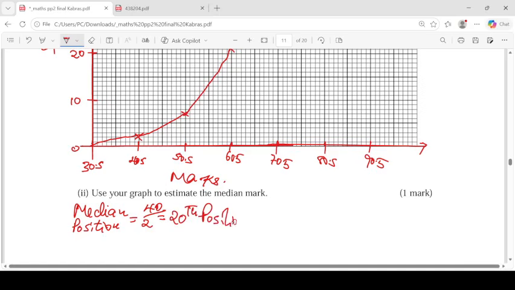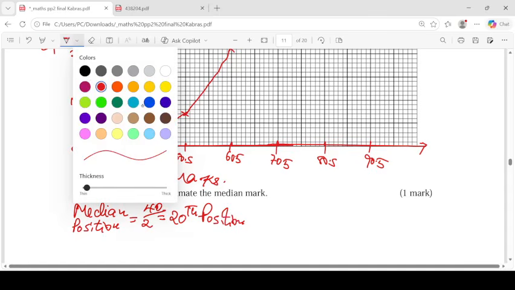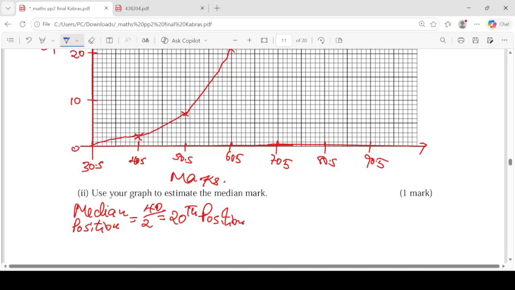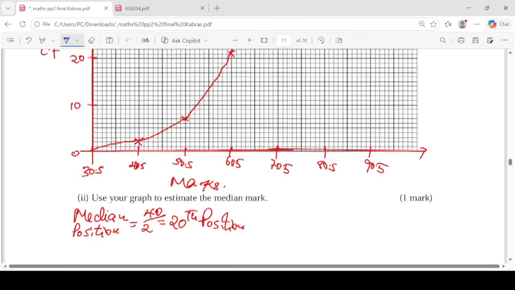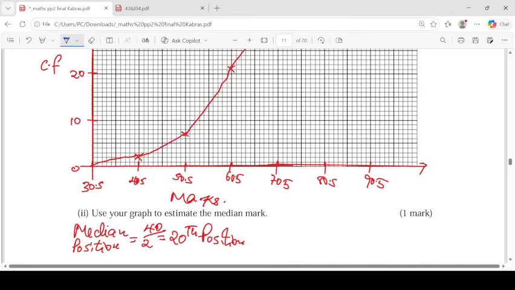So after getting the median position as the 20th position, you go to the cumulative frequency and locate where 20 is. Then read the corresponding mark. So 20 is here in the CF.